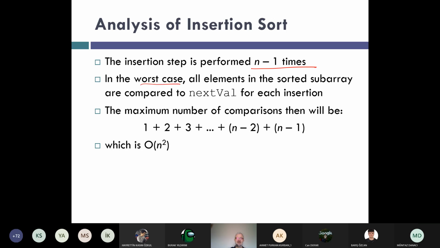In the worst case, all the elements in the sorted subarray have to be compared with the next value. So the maximum number of comparisons will be the sum of these values, which is theta n squared.